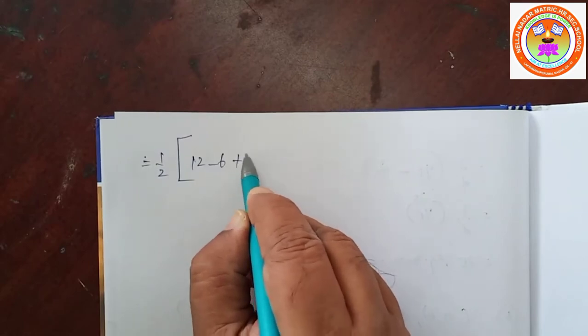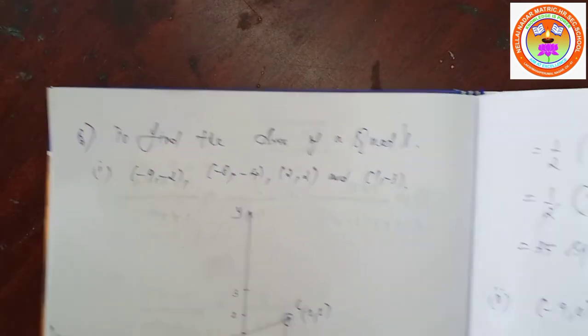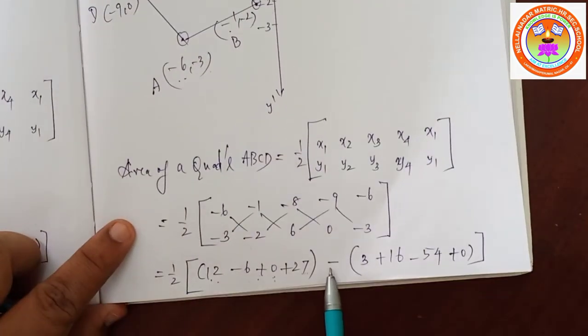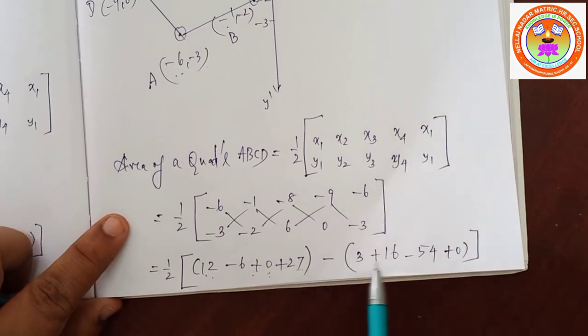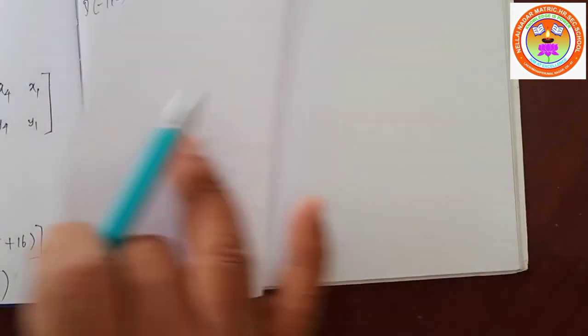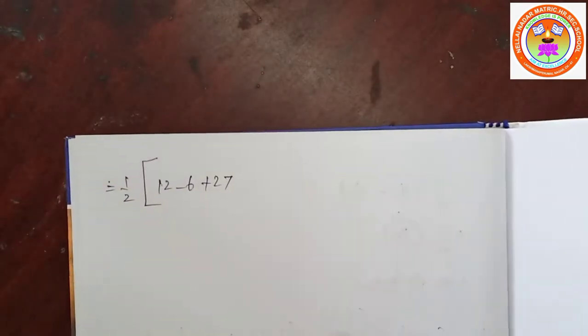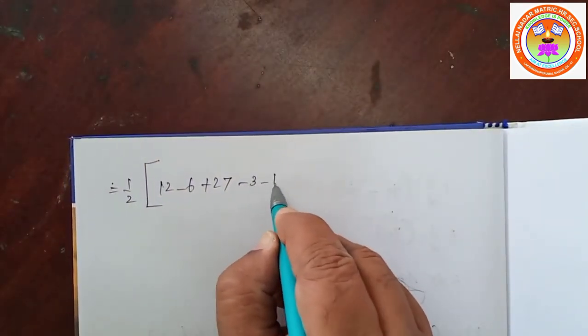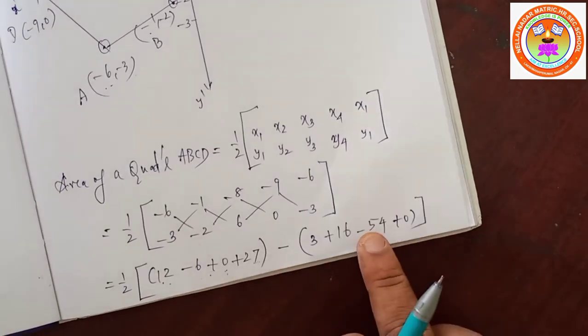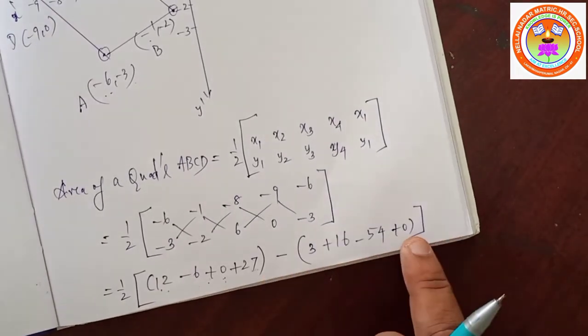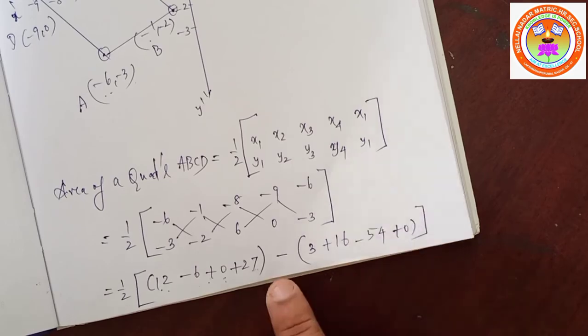Next, minus into 3, minus 3; minus into 16, minus 16. Next, minus into minus 54, plus 54, then 0. Don't write 0, just plus 54.